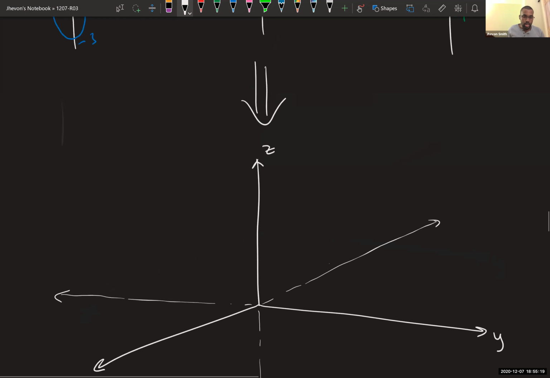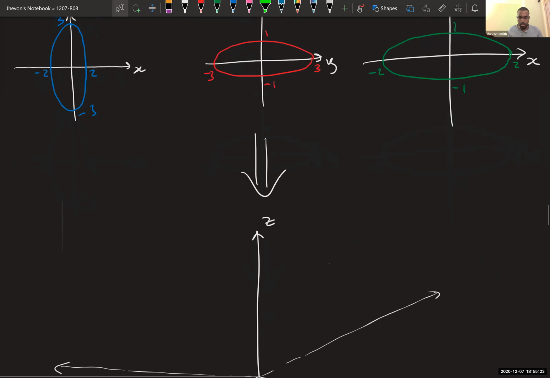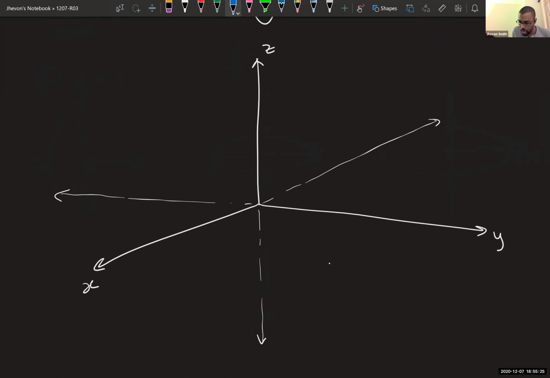So let's do the first one in the XY plane. It's an ellipse. I'm going to sketch that in blue. So this one stretches along the Y. I know it hits 3 over here and minus 3 over there. It hits 2 over here, minus 2 over there.